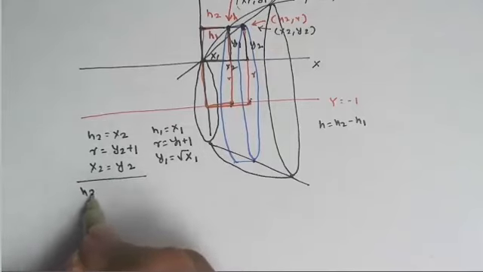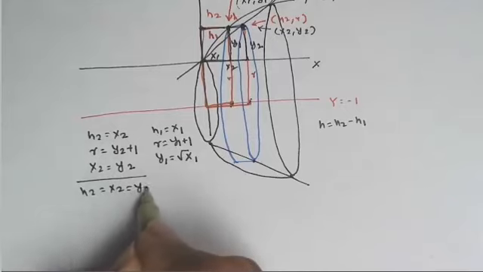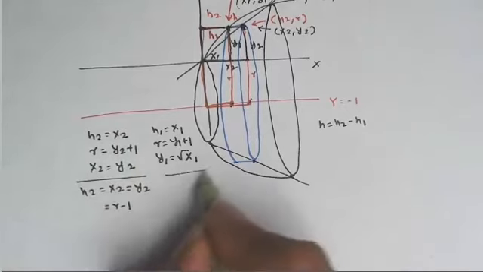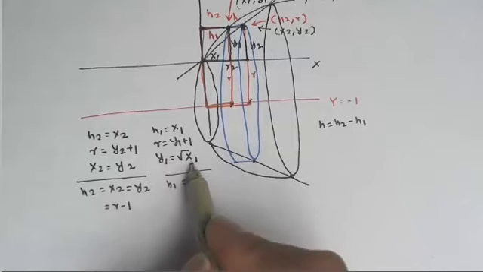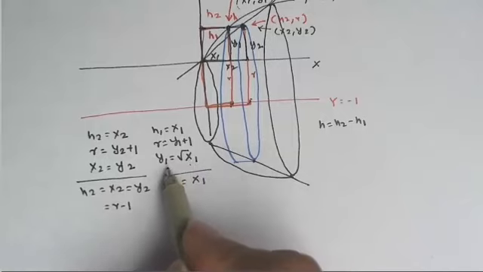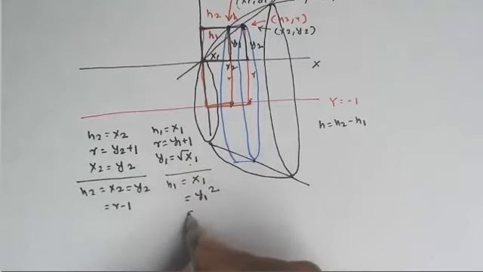So h2 is x2, which is y2, which is r minus 1. h1 is x1, and x1 is y1 squared. y1 is r minus 1, so this is r minus 1 squared.